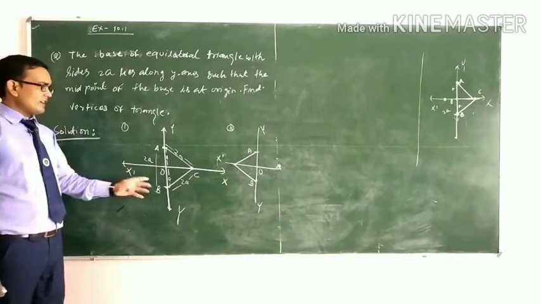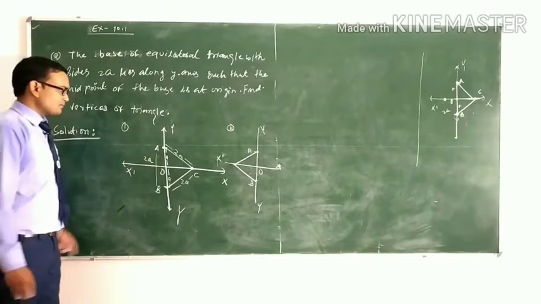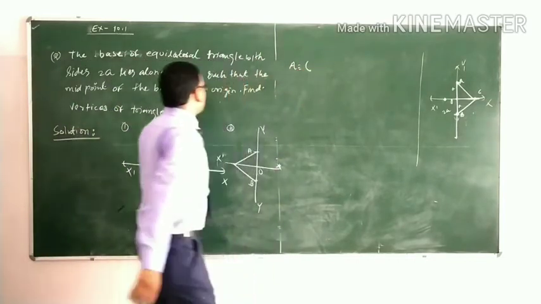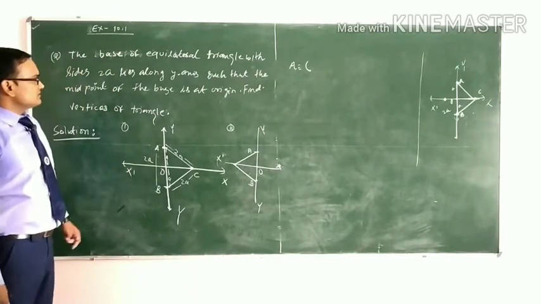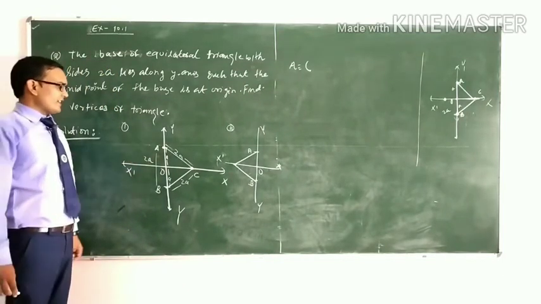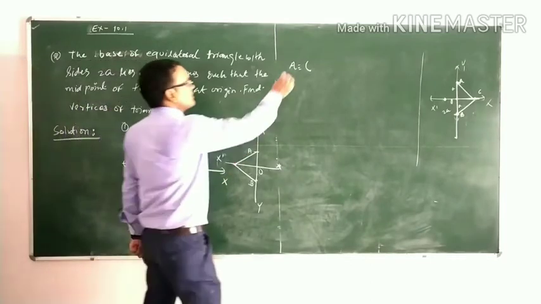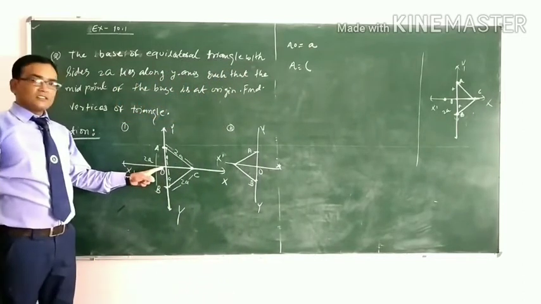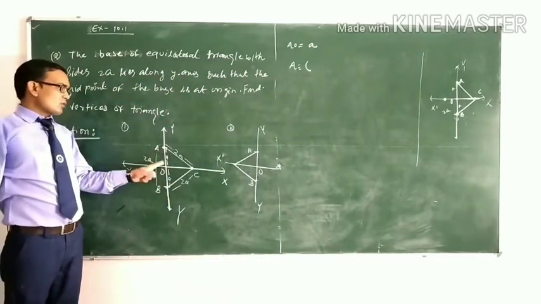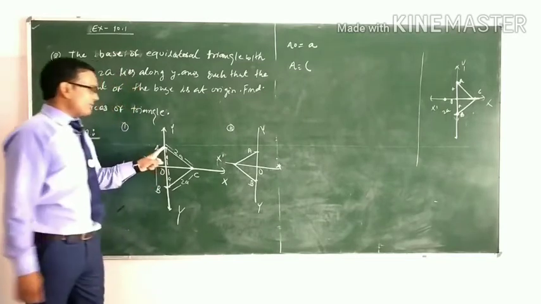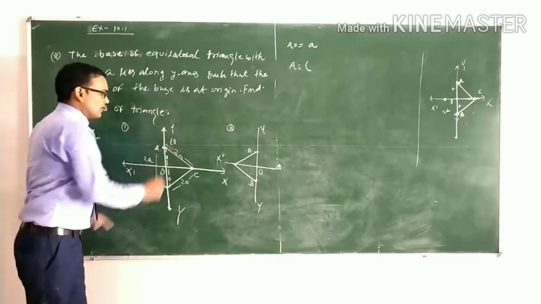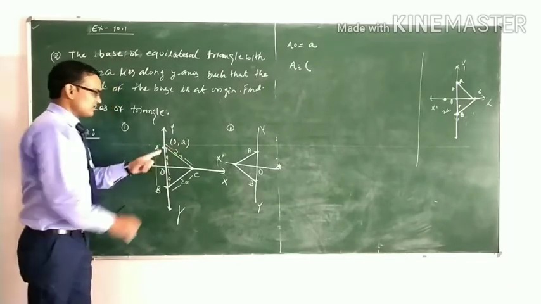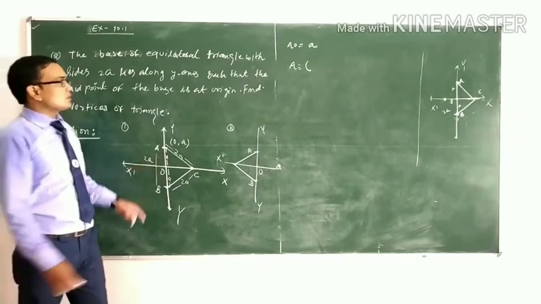Okay students, we find the coordinate of A. What is the coordinate of A? AO equals a, and A lies on y axis, then coordinate of A equals, here abscissa is 0 and ordinate is a, because OA equals a.